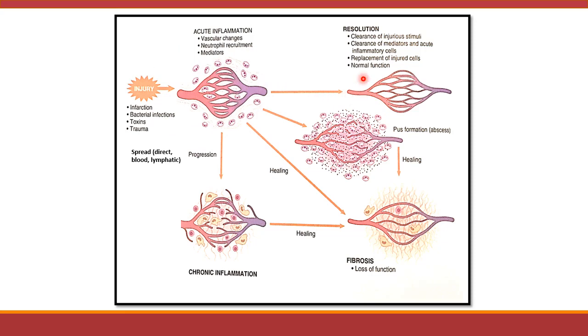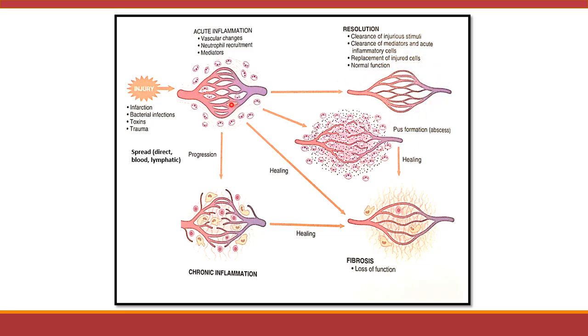One of the options is the complete resolution, which means, as we said, restoration of the normal condition. So this will include clearance of the injurious agent, clearance of the mediators and the acute inflammatory cells, replacement of the injured cells, and restoration of the normal function of the tissues. And everything will go back to normal.